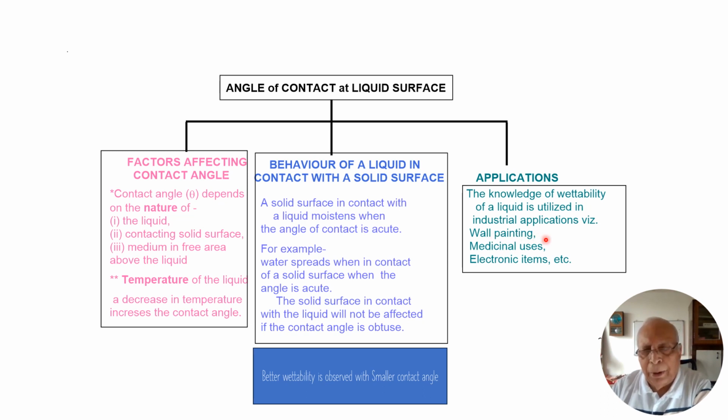Or even after painting the wall, moisture should be avoided. Many medicines hate moisture. They get expired, they get damaged. And electronic items, most of the electric items are prepared without water. They do not need moisture.